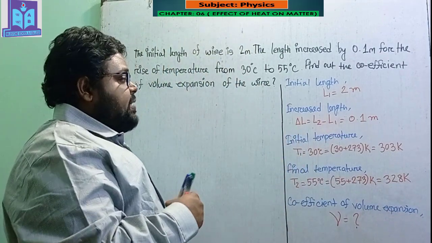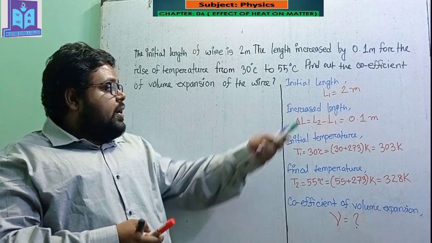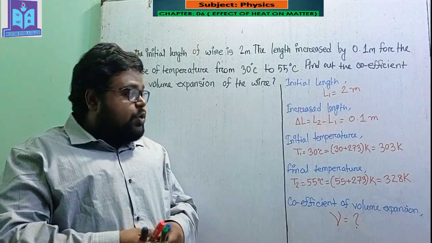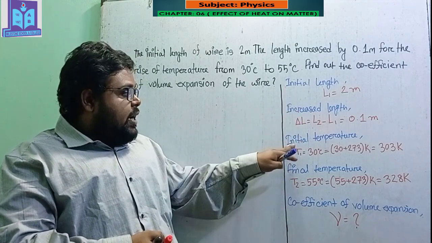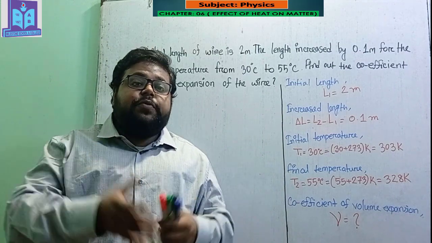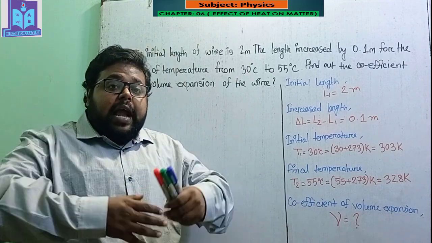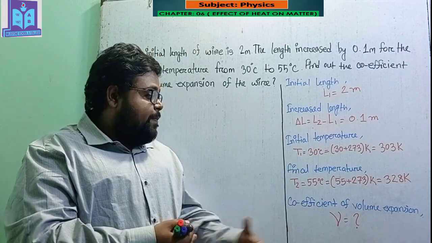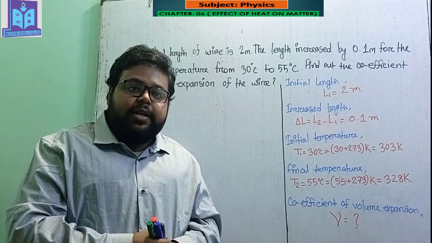But my dear student, here you can see that we have the initial length, increased length, initial temperature and final temperature. So at first I have to find out the coefficient of linear expansion, and after that we know that there is a relation between the coefficient of volume expansion and the coefficient of linear expansion.